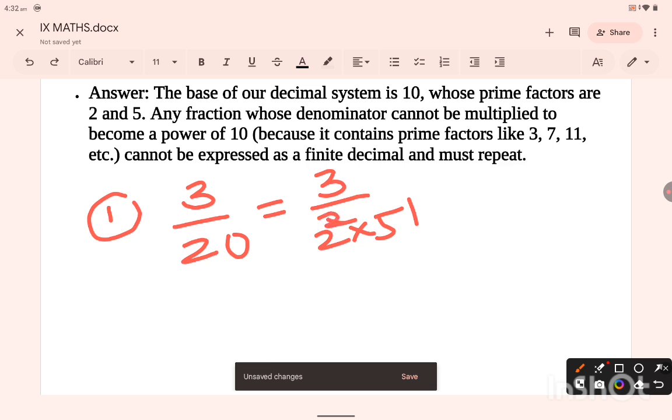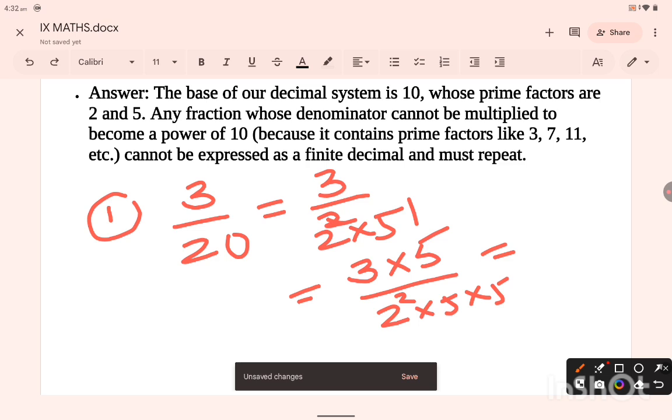This is in the form of 2 to the power of m into 5 to the power of n. Now we can multiply both numerator and denominator by 5. That gives 3 into 5 by 2 square into 5 into 5.